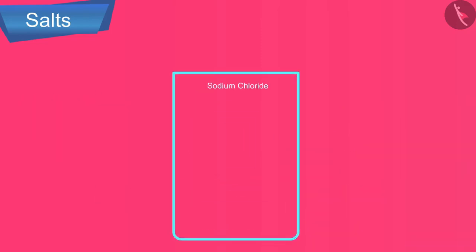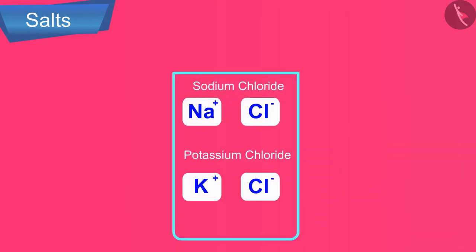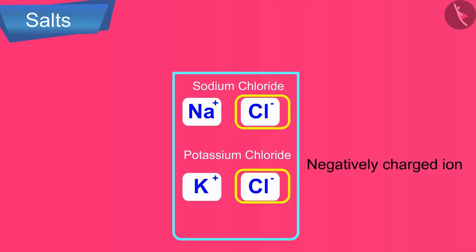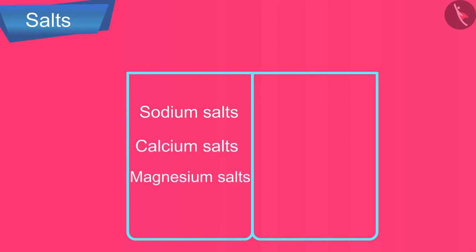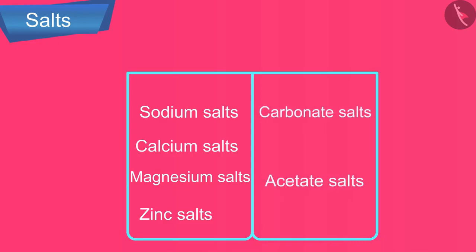Similarly, sodium chloride and potassium chloride belong to the same family because they have the same negatively charged ion, that is Cl- ions. Some of the important families of salts are sodium salts, calcium salts, magnesium salts, zinc salts, carbonate salts, and acetate salts.